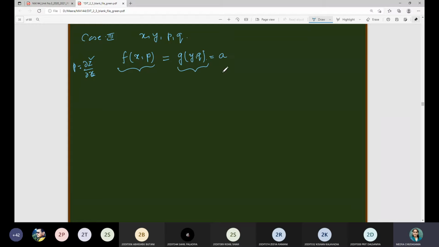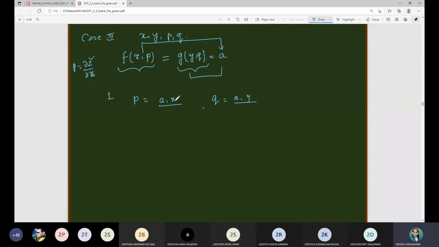So in that case, when you consider the first expression and the constant quantity, you will have one expression. When you collect the other two, you will have a second expression, right? From those two expressions, you are able to obtain p in terms of a and x, and q in terms of a and y.